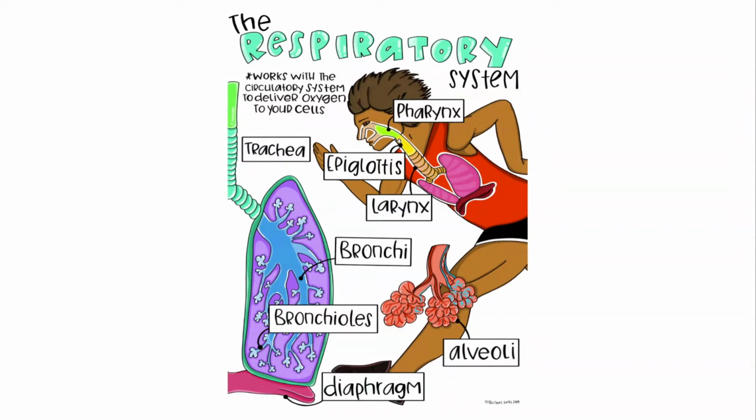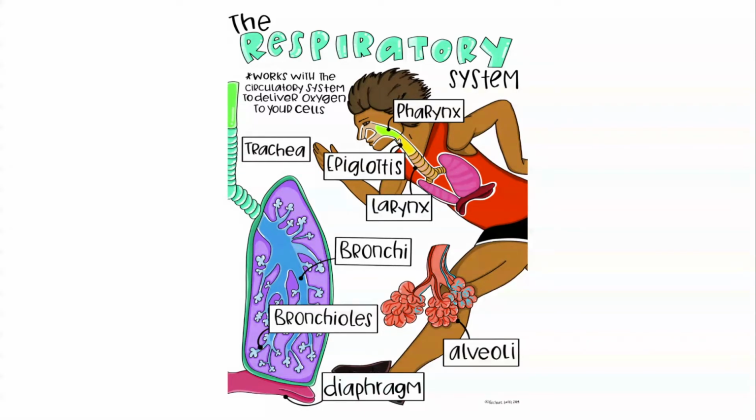Your respiratory system is composed of the trachea, which is basically a tube that leads to your lungs, which are made of different parts, including the bronchi and the bronchioles and the alveoli. And the alveoli is actually where the exchange happens.